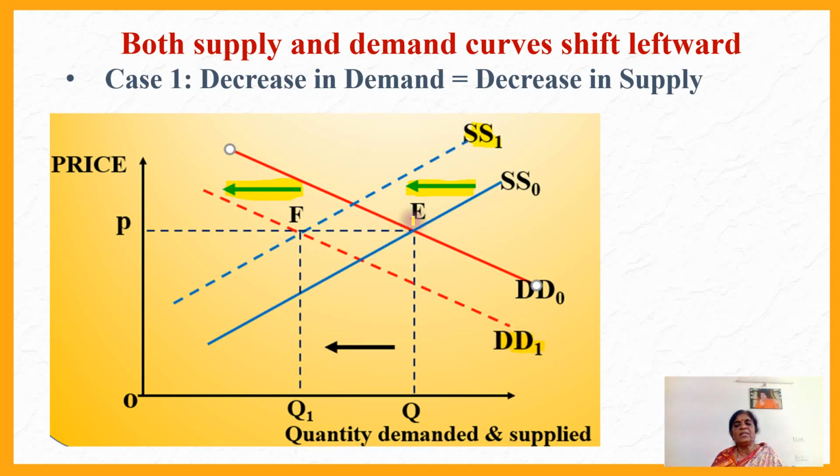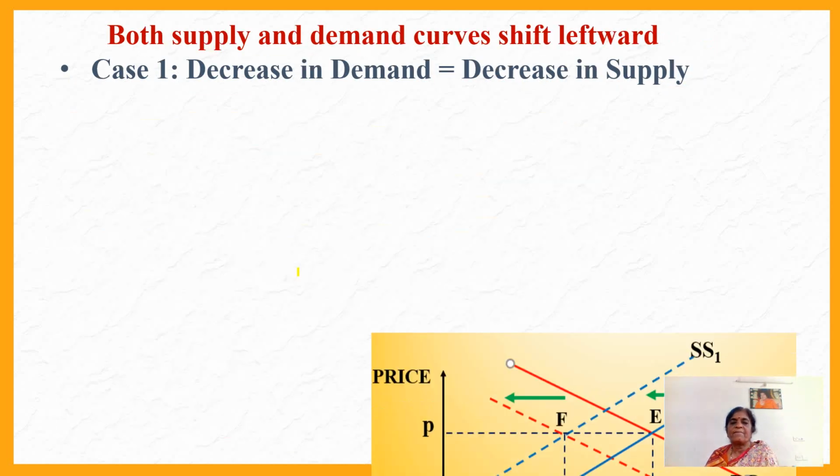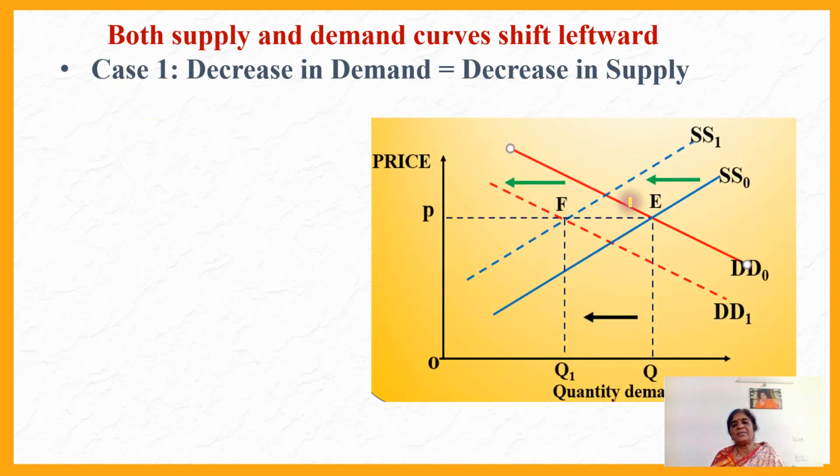Now, SS1 and DD1 intersect at this point F, and the initial equilibrium point is E. We shall further discuss with the same diagram. You can see the same diagram again in this slide also, with the demand curve DD1 and supply curve SS1 after the shift.